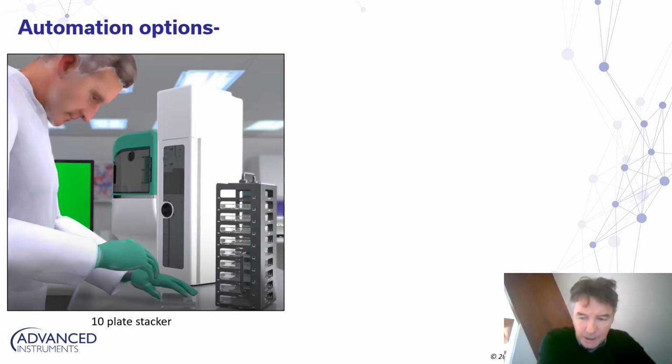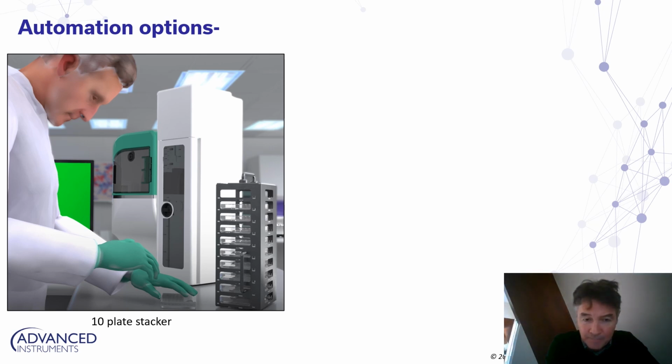So the Cellmetric X still offers the same high quality bright field imaging, the same level of contrast and resolution as was offered previously on the Cellmetric. Additionally, we still offer the 10-plate stacker option on the Cellmetric X, which allows you to load up 10 plates and perform walk-away automated imaging.